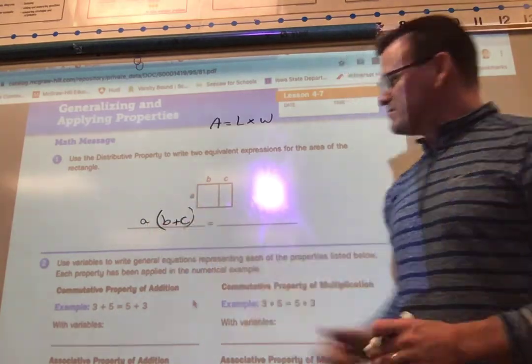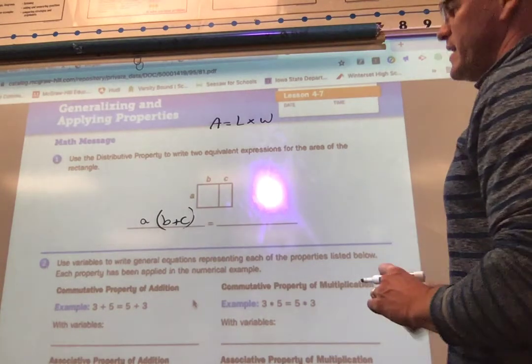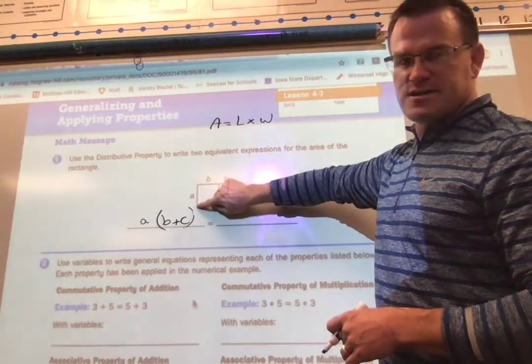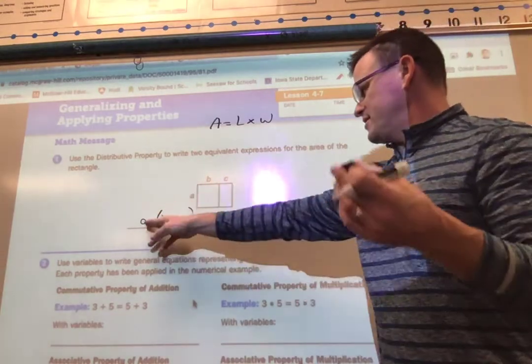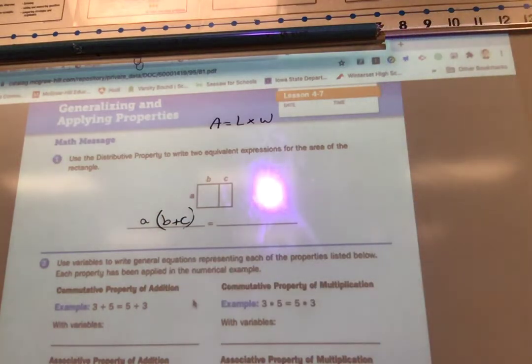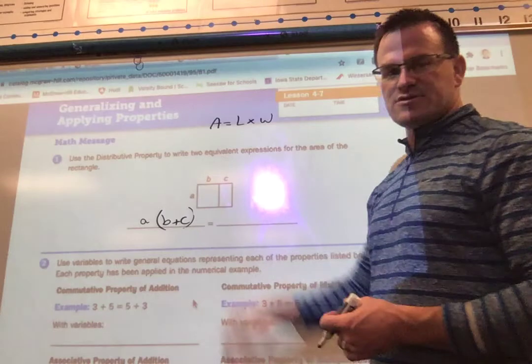Again, you could put a multiplying sign in there if you wanted. So that's one way to do it. That generalized it because now A can be any length I want it to be. If A was 7, I'd put in a 7 here. If A was 8, I'd put in an 8 here. It doesn't matter, it just depends on the situation and that can change. But now it's generalized so that this would find the area of any sized rectangle.